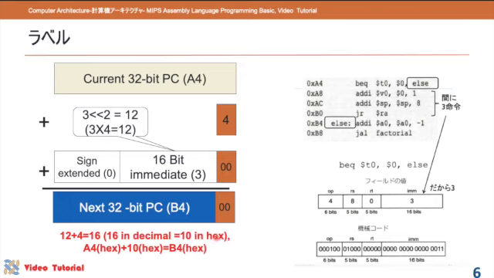So you need to add 10 in a hex calculator with the A4. A4 plus 10 is B4. So the next address is B4. So this is the third thing that you need to remember.